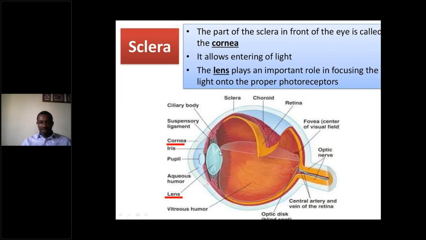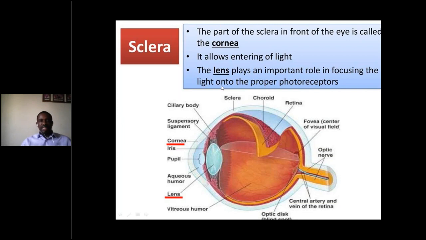So if there is a problem with the lens, then the person will have problems with seeing. So there are people that need to go for cornea treatment. Even this cornea can degenerate as people grow old or as a result of some diseases. So there are people that do cornea transplant, where they remove this entire cornea and put another cornea, even the lens. Okay.